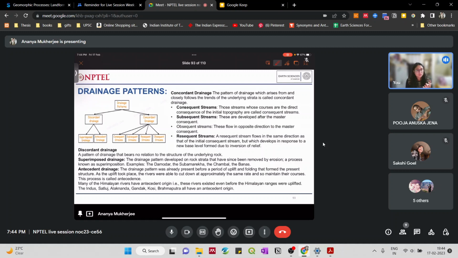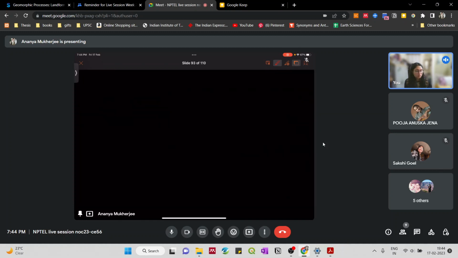So suppose there is an uplift due to fault reactivation or due to folding. Okay, and the uplift took place. So previously, as I showed, suppose this was how it was flowing, and this is the fault that is existing.